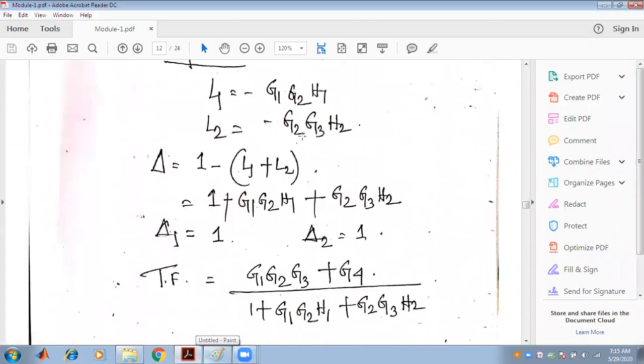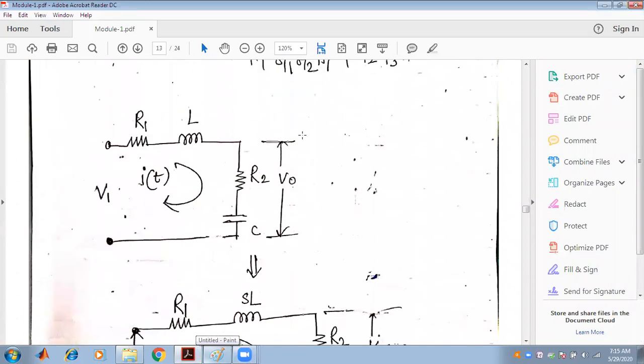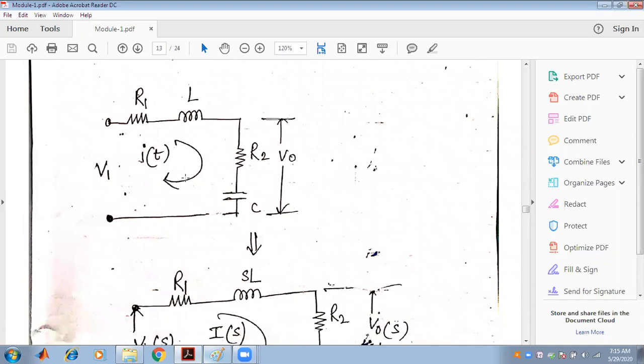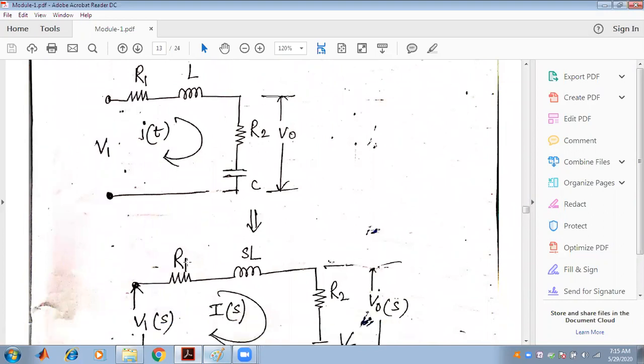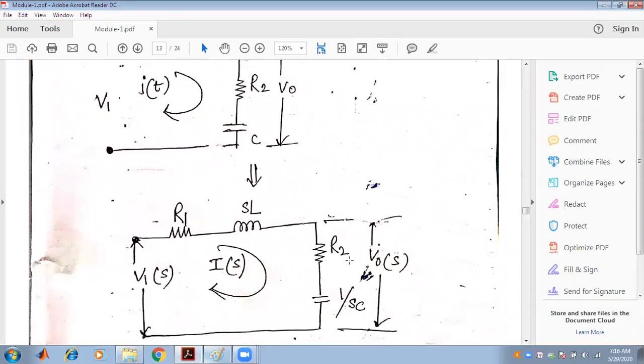So let us take this block diagram. If I convert this electrical circuit into an equivalent S domain circuit, L will be SL, C will be 1 by SC, and this is R2.